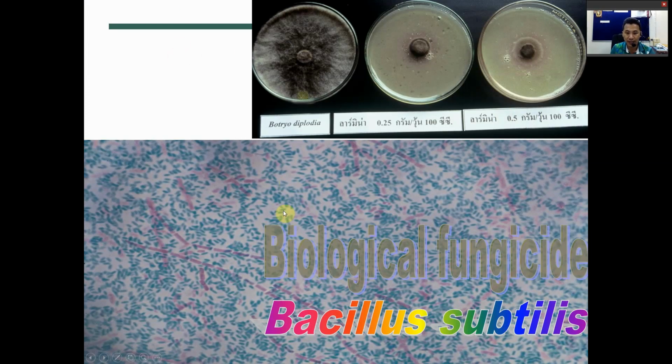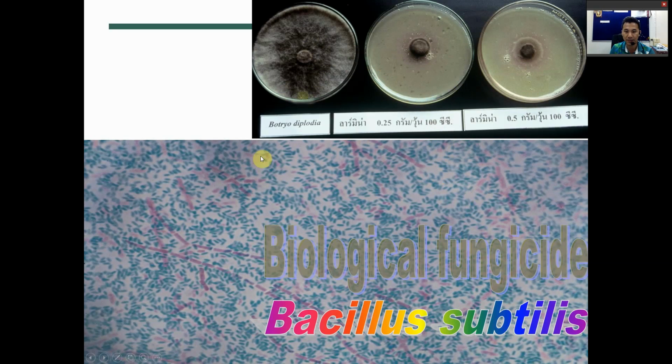All right, this is Bacillus subtilis. This is one sort of biological fungicide. You see that? Without it, you see a lot of fungi here. But then you have a clear zone once you use this type of bacteria.